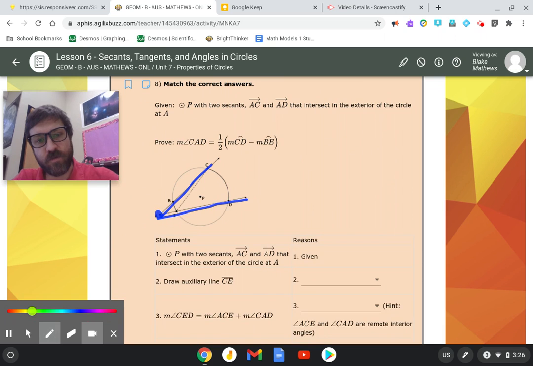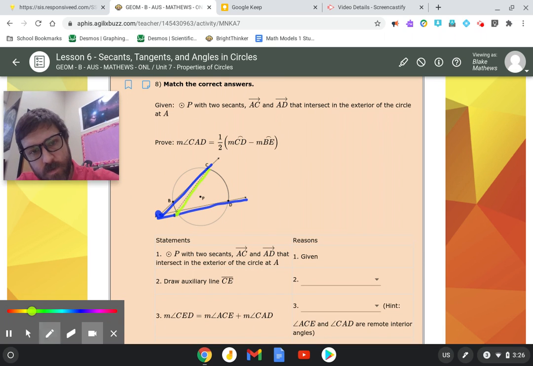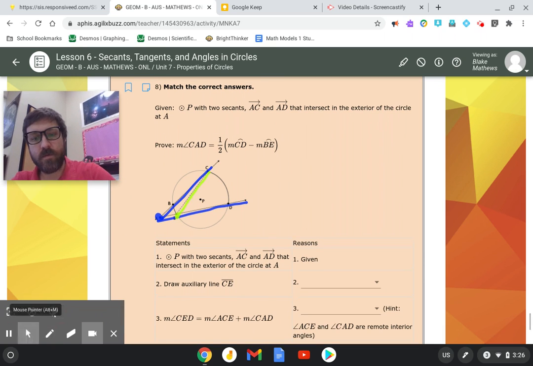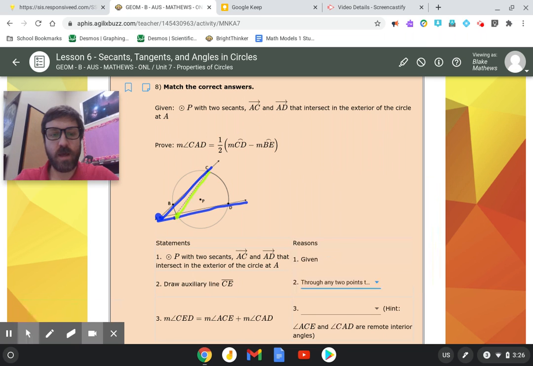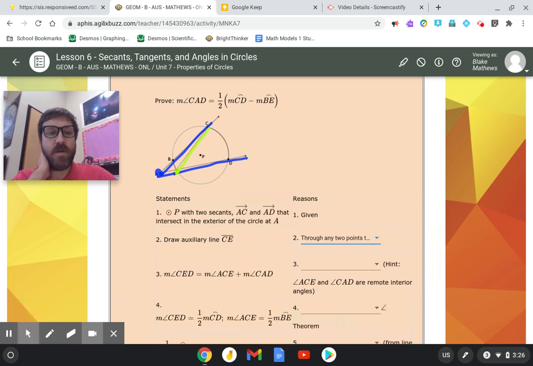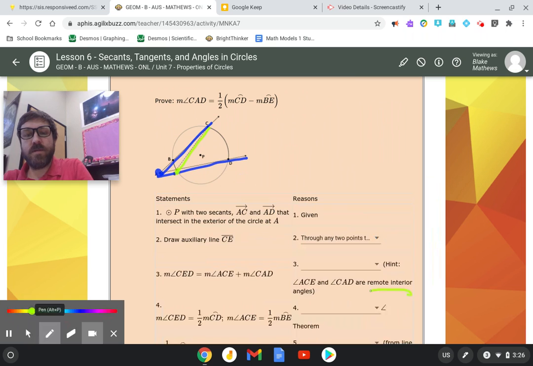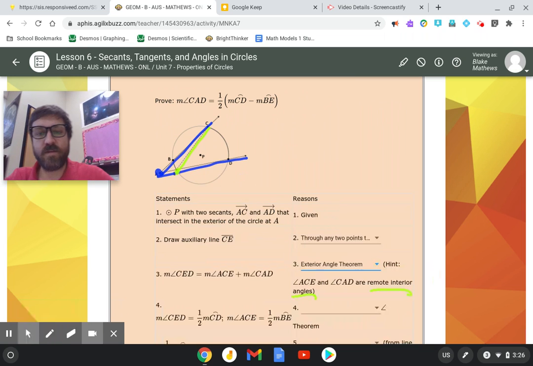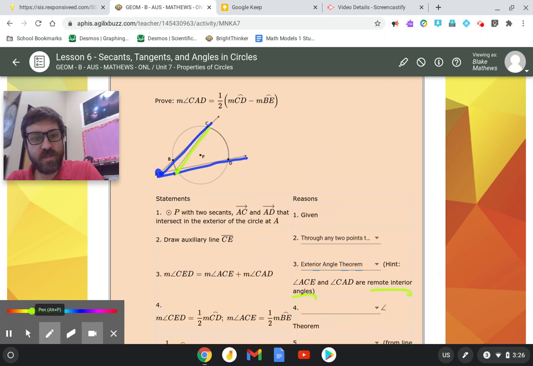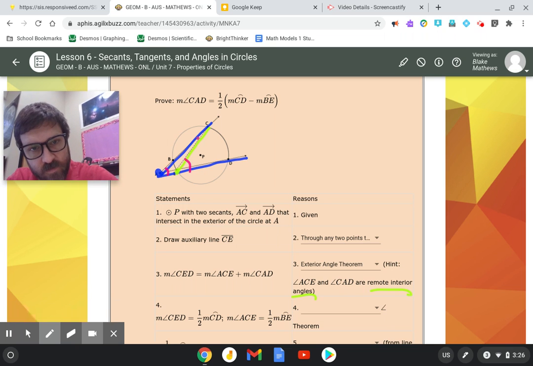Like I said, anytime you draw an auxiliary line, you're talking about through any 2 points, there's exactly one line. And then they give us a hint here. These are remote interior angles. And so they're using the same property from earlier, the exterior angle theorem, to say that CED, which is this angle, is equal to the sum of these 2 tiny angles over here.